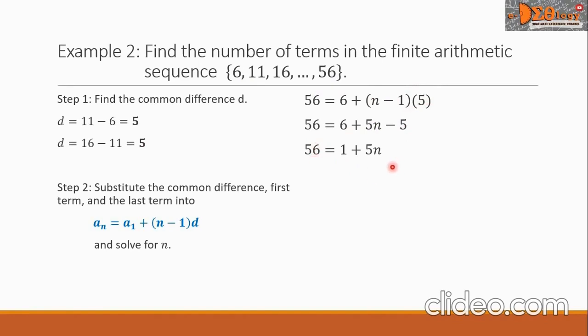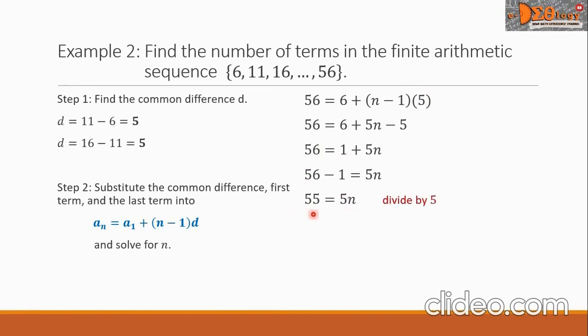Simplifying further, let us transpose number 1 to the left side. The sign must be changed. So we have now 56 minus 1 equals 5n. Simplifying this value, we get 55 equals 5n. Let us solve for n. Divide this equation by the coefficient of n, which is 5.